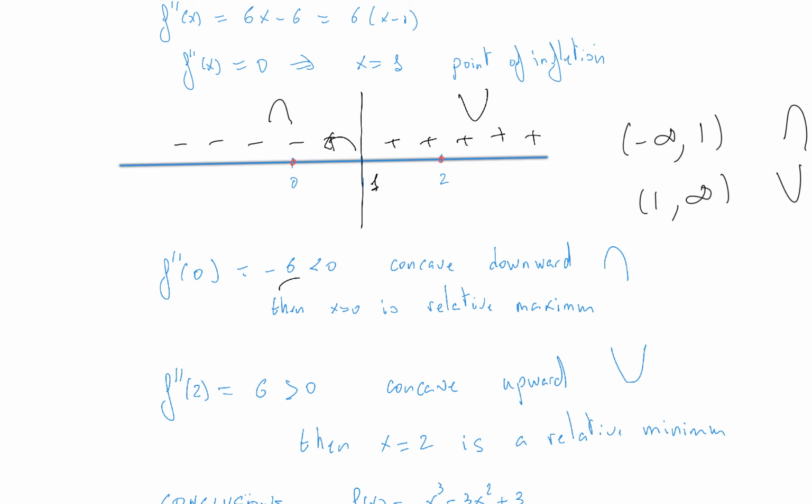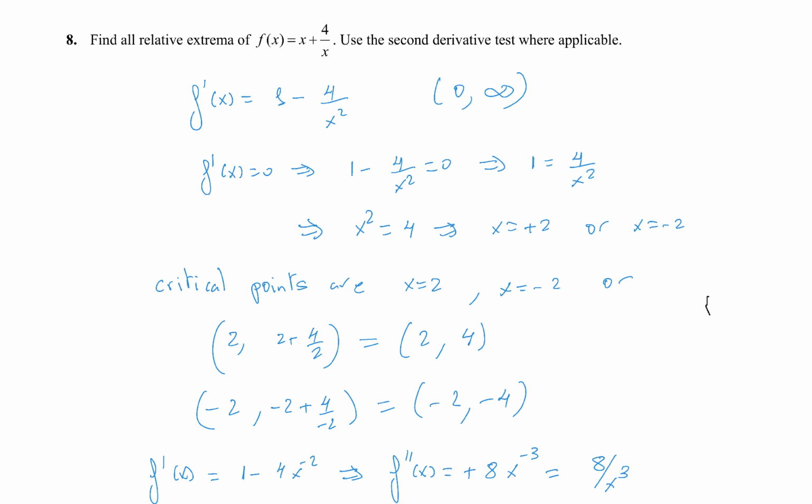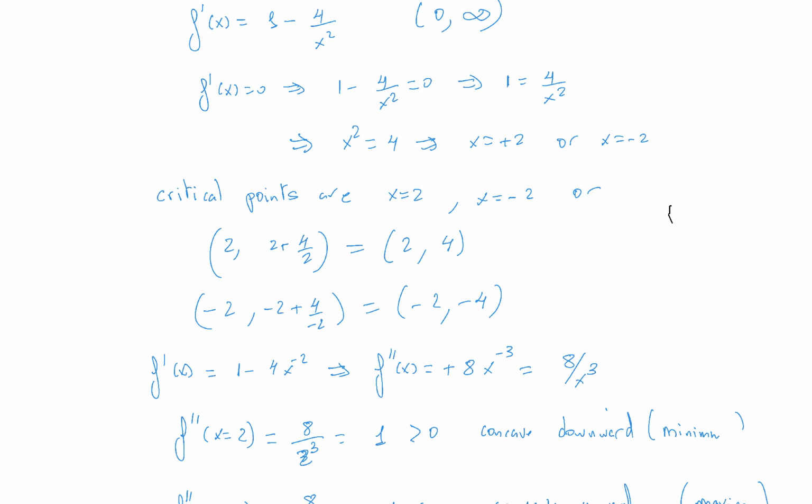Okay, this is the problem. Let's go to the next one, which is the same as all the others. You can see the calculation here for the function x plus 4 divided by x. I leave you to see all the calculation and what is written here.